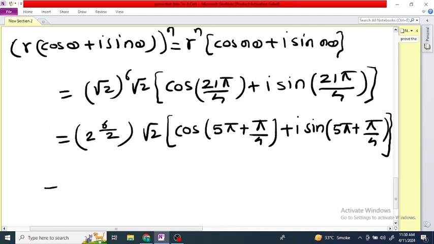So what is 2 raised to 6 by 2? This is nothing but 2 cubed, times root 2 inside the bracket.